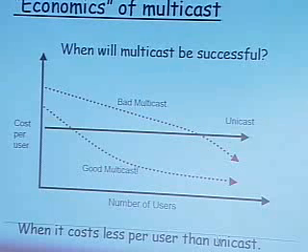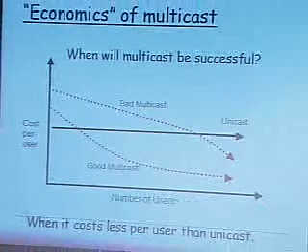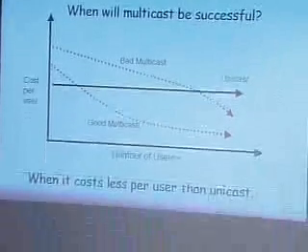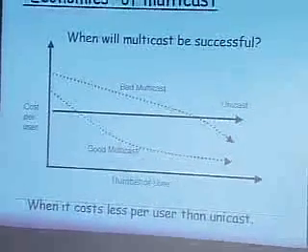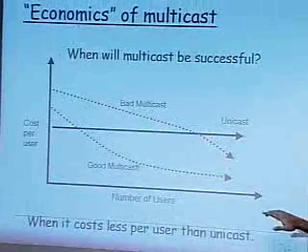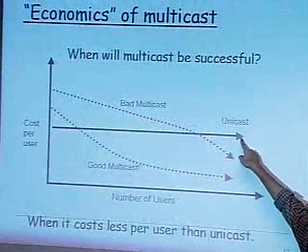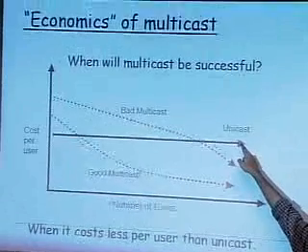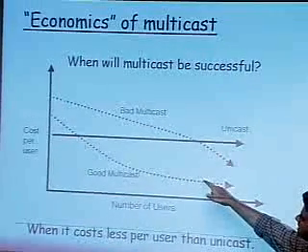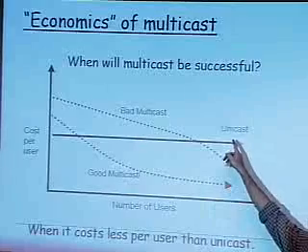So there's a question of economics of multicast. You can implement multicast in one of two ways. Either implement all the algorithms that we'll see which are related to multicast, or simply do a point-to-point unicast between every pair of receivers. A good multicast is when the cost per user for multicast falls below the unicast cost.